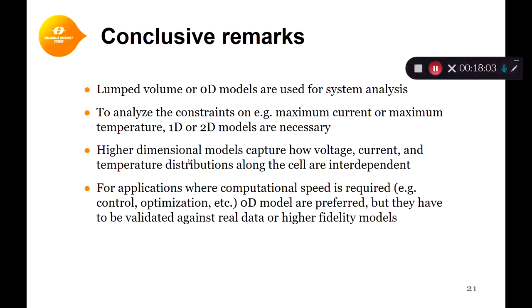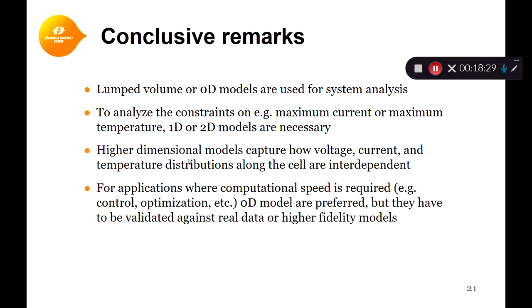In conclusion, we have seen how 0D models can be used for system analysis, because they are based on overall mass and energy balance, and the electrochemical equations are a function of the average temperature and average fuel concentration.